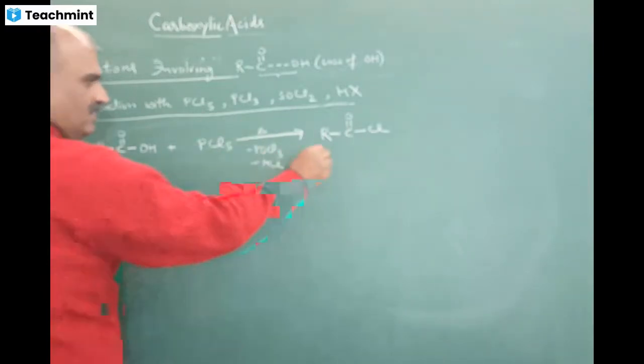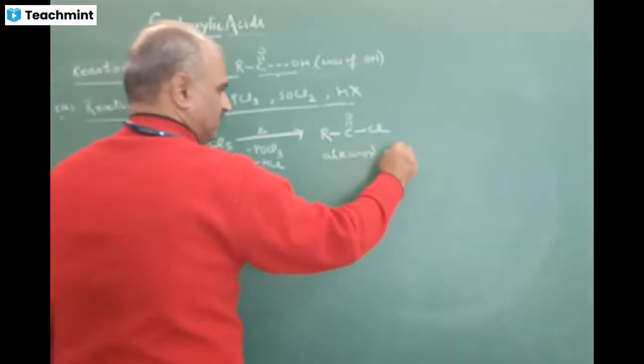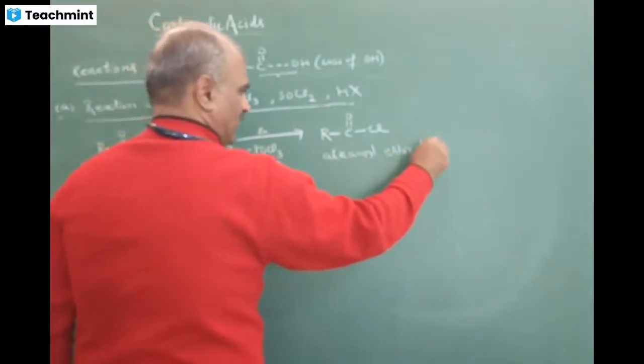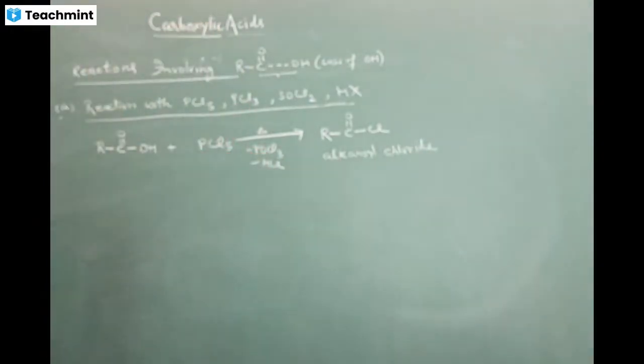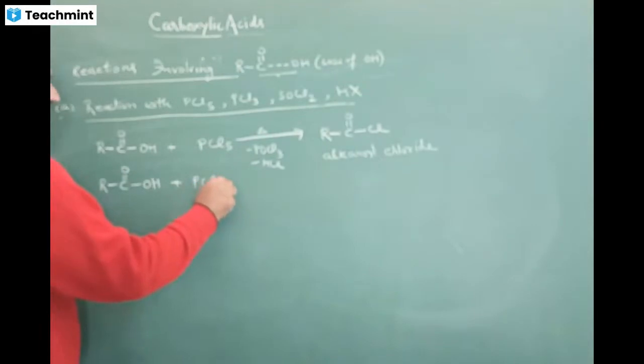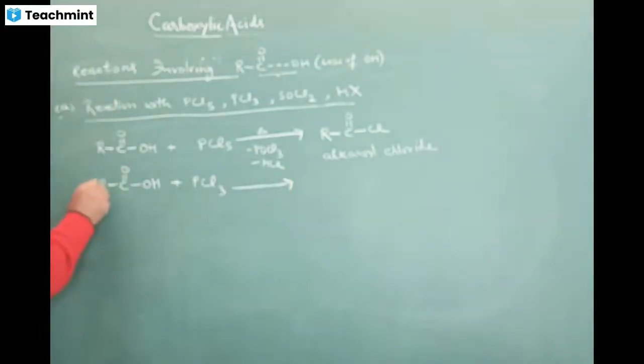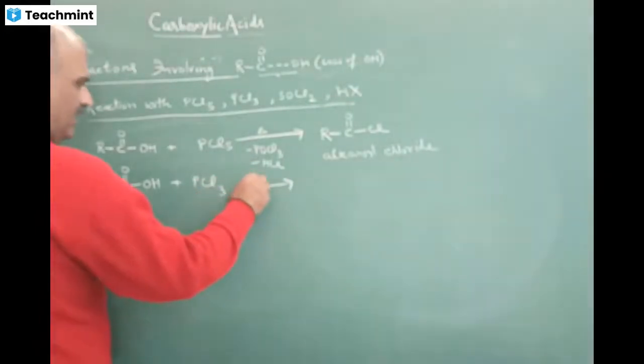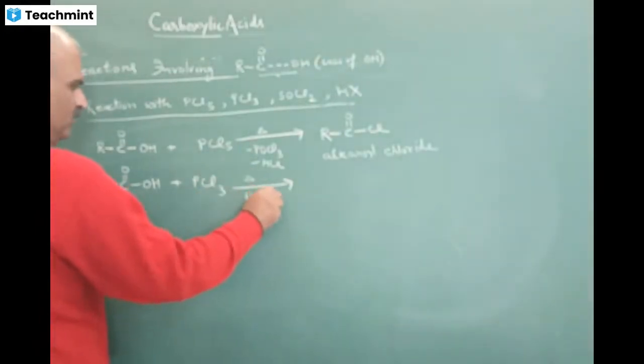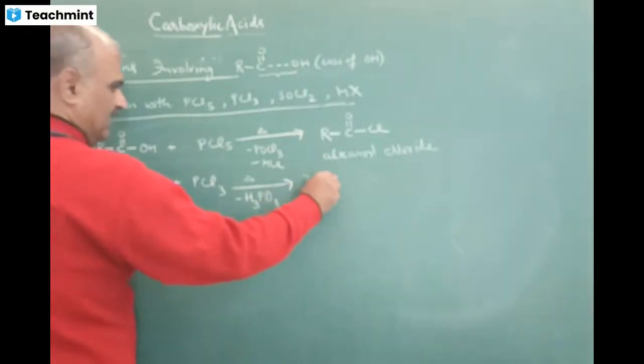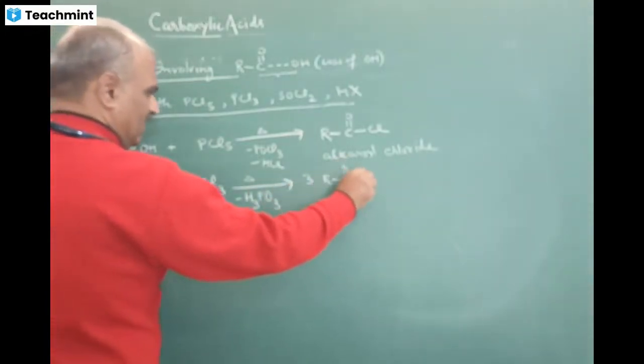Simple. This is alkanoyl chloride, acid chloride बन जाता है, IUPAC नेमिंग ऐसे करते हैं. Second, if we put PCl3, RCOOH plus PCl3 को याद करवाया था अल्कोहल्स में भी कि यहाँ पे 3 मॉलिक्यूल्स कर देते हैं बैलेंस करने के लिए, और H3PO3 loss and 3 molecules of again RCOCl.